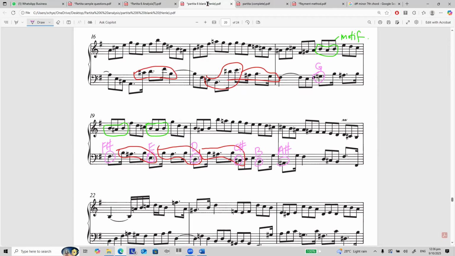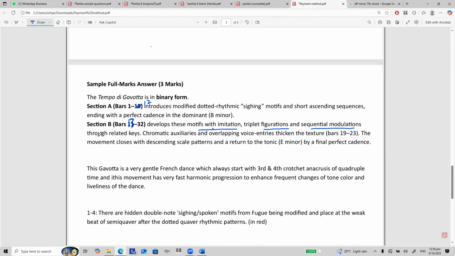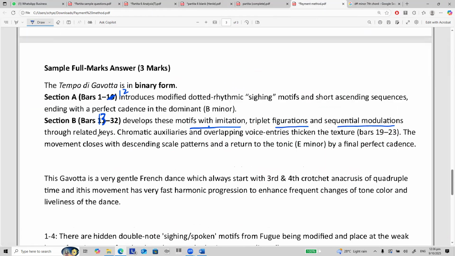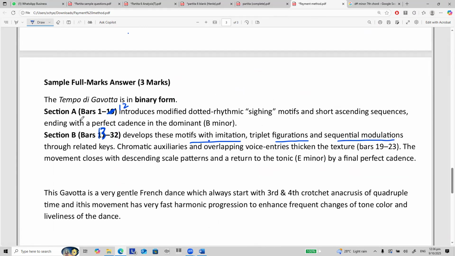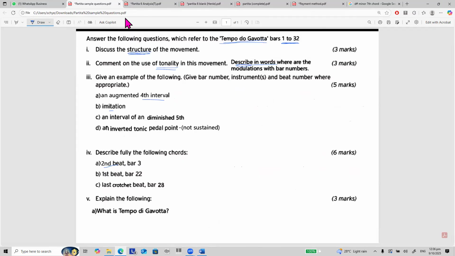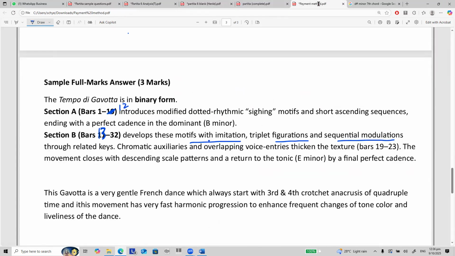Okay, so to describe this in words, these are things that you can say. The tempo di gavotta is in binary form. When they ask for the sample full marks answer on the structure of the movement, this is what you can say. Section A is bar 1 to 12, where he introduced the motifs.